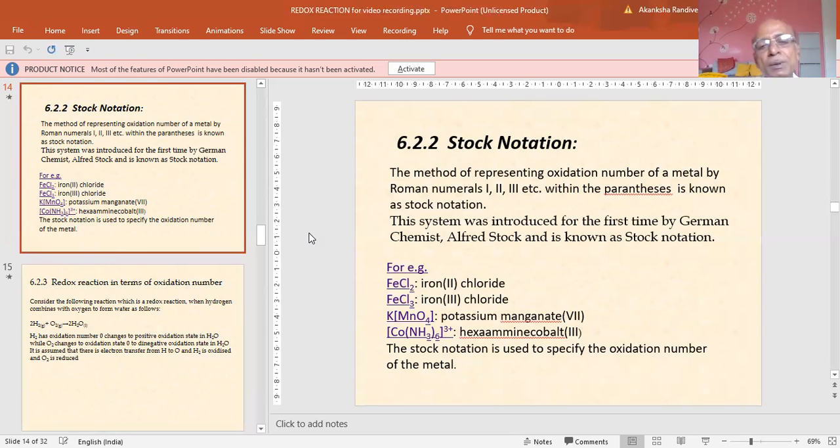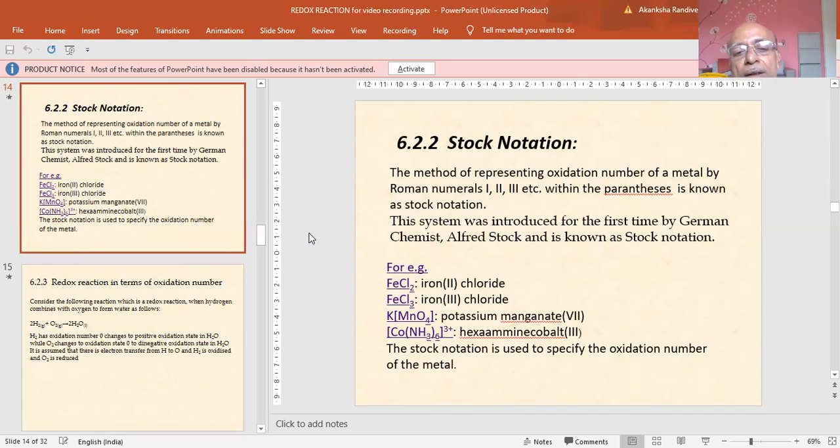So for FeCl2, iron, ferrous chloride, the oxidation number of iron that we have firstly to find out, and then we can write the stock notation of this compound. या कंपाऊंडचं स्टॉक नोटेशन लिहिण्यासाठी आपल्याला आयर्नचा ऑक्सिडेशन नंबर पहिल्यांदा माहित असला पाहिजे. तो पहिल्यांदा काढायचा. तर तो कसा काढायचा आपल्याला माहित आहे. आपण शिकलेलो आहोत की ऑक्सिडेशन नंबर ऑफ हॅलोजन्स इन देअर कंपाऊंड्स इज ऑलवेज -1.